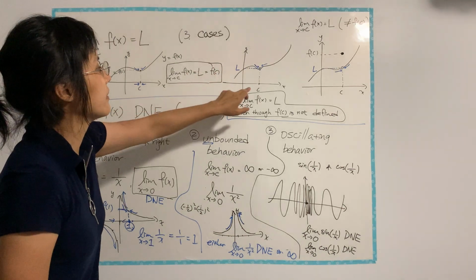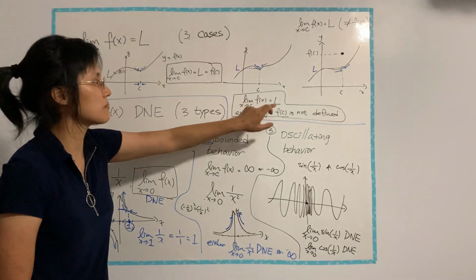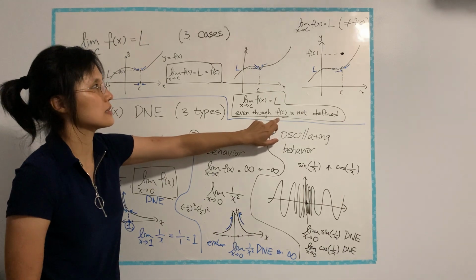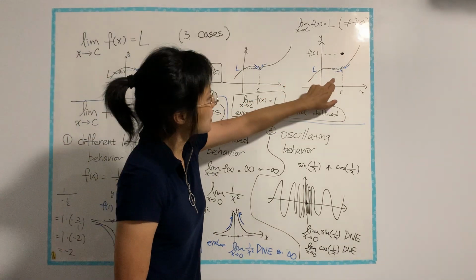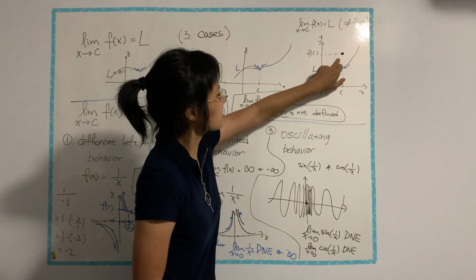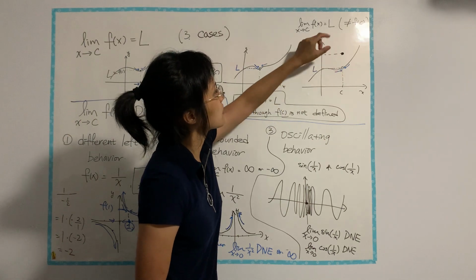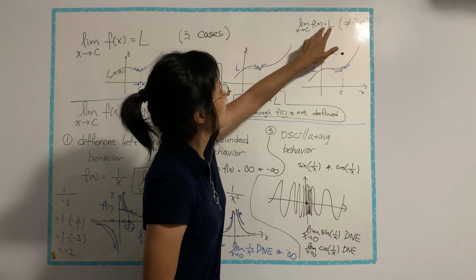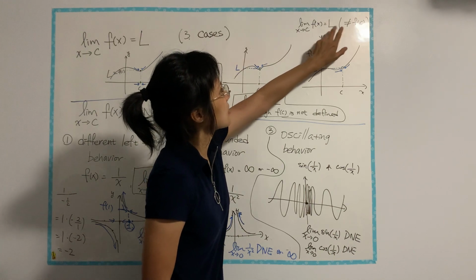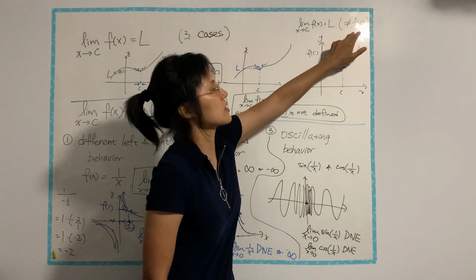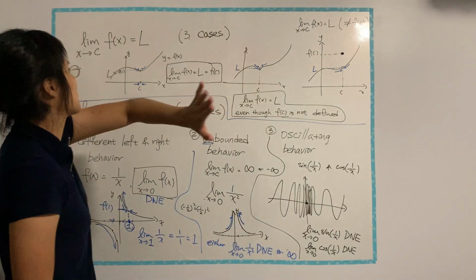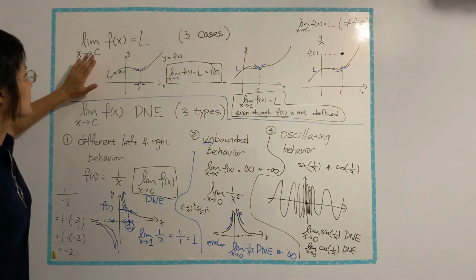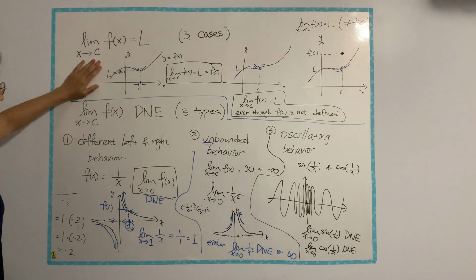It could be the limiting value exists but the function is not defined at c. It could be the limiting value exists and the function value is defined as well, however they do not agree. So the limiting value exists, but it's not the same as f of c. So that's for the situation where the limit exists.